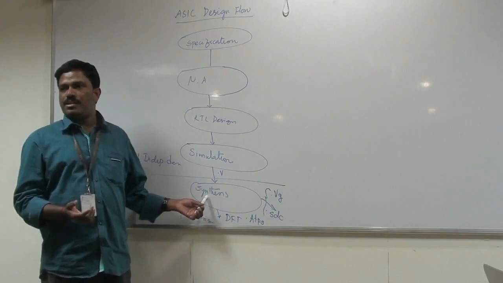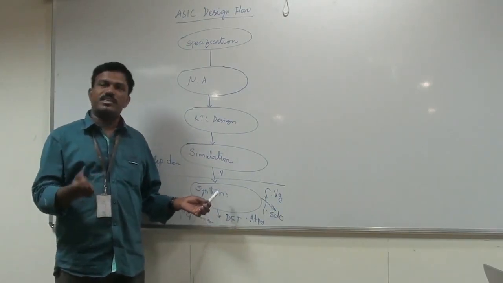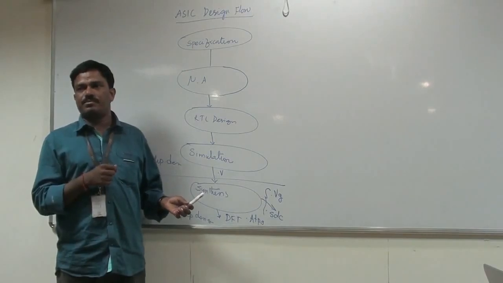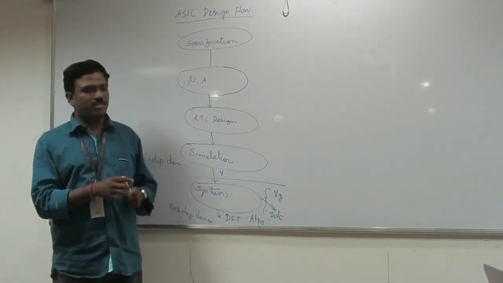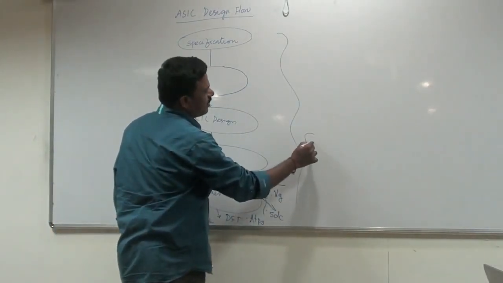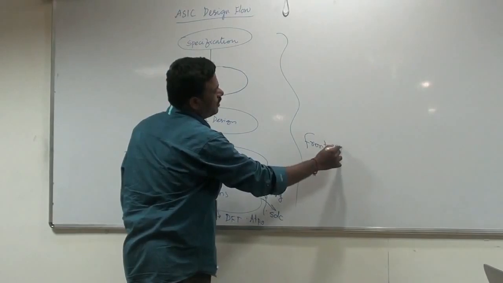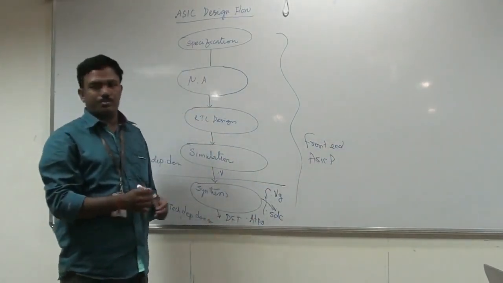Okay. So for DFT, you can go for Encounter Test, that is from Cadence. Considering all these tools, we have to complete the process. Up to this, you can call your design front-end ASIC design.